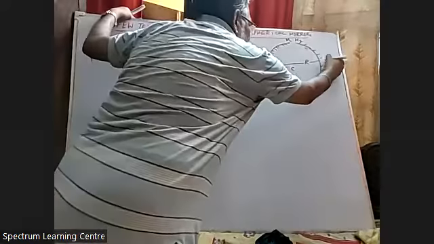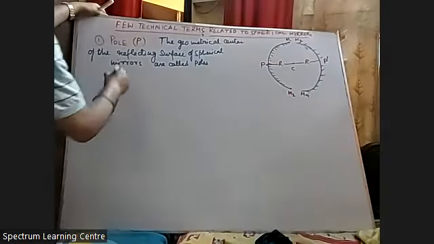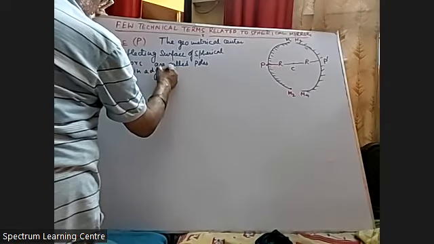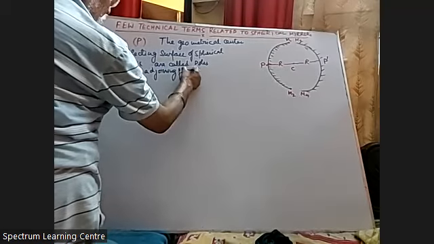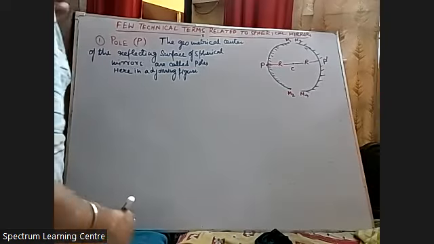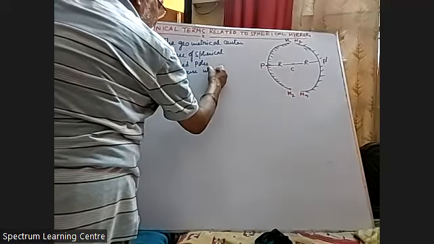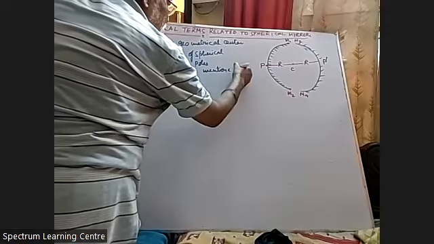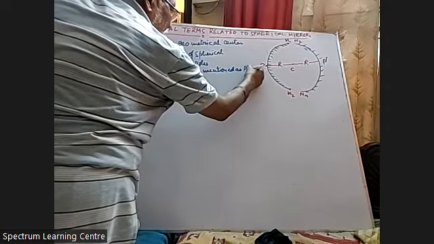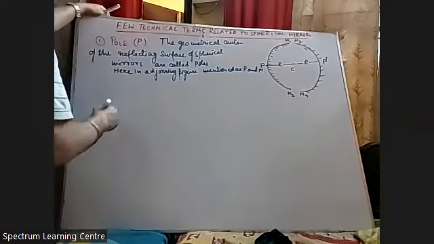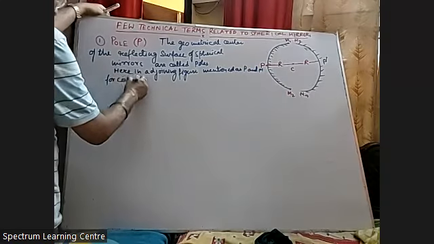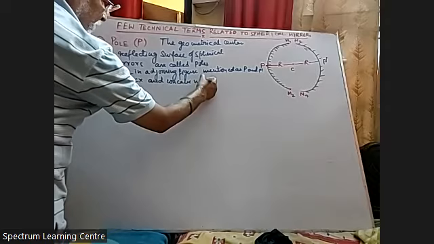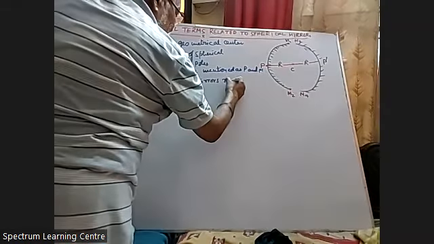Now, if this is P, I will name it P dash. Here in the adjoining figure, mentioned as P and P dash for convex and concave mirrors respectively.